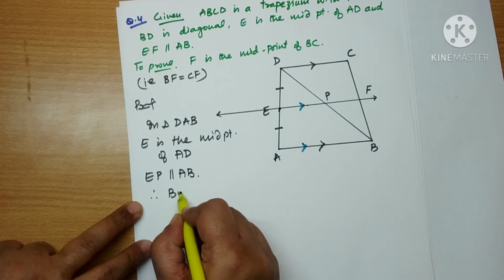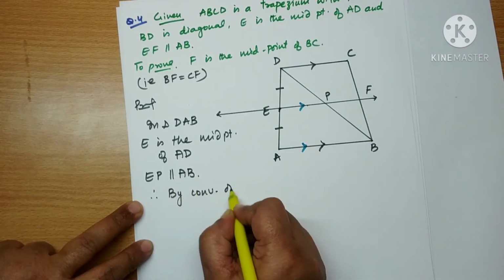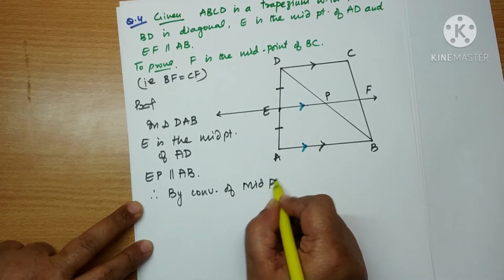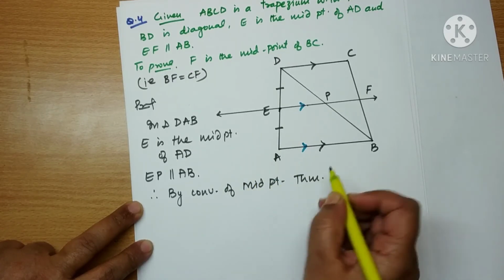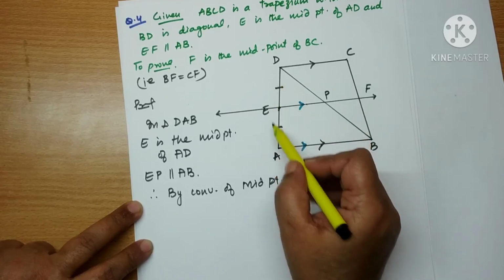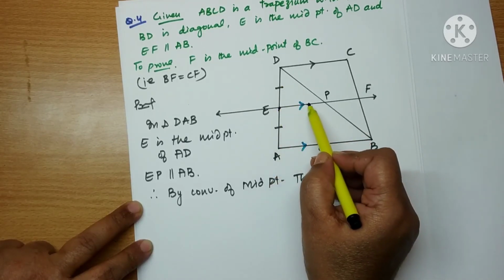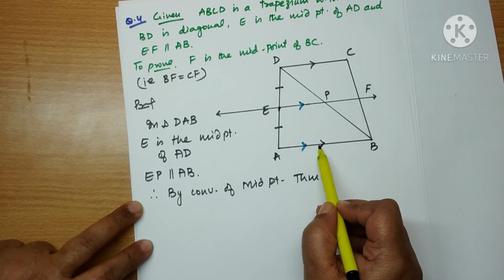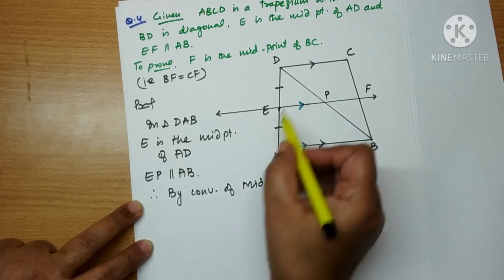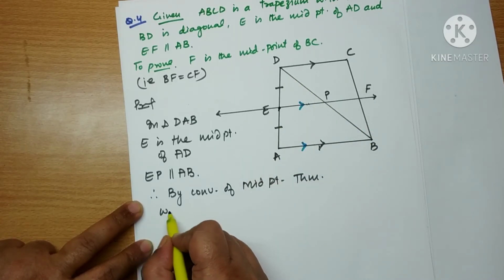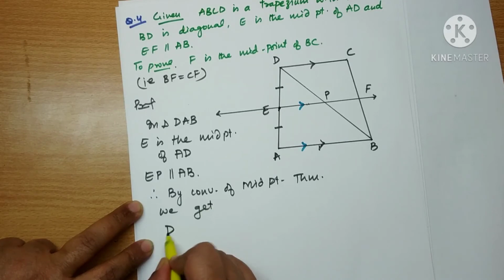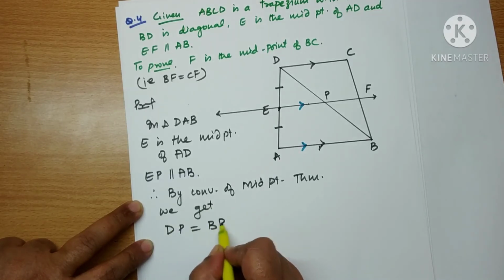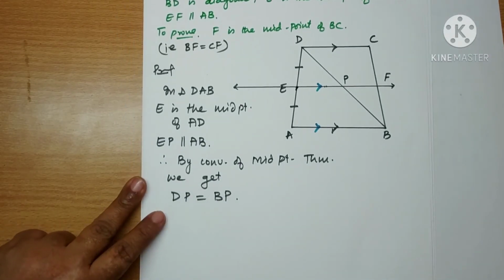Therefore, by converse of midpoint theorem, we should have a line passing through the midpoint. I have a midpoint and the line is parallel to the other side of the triangle. So it will bisect the third side. That means we get DP is equal to BP. This is what we get by converse of midpoint theorem.